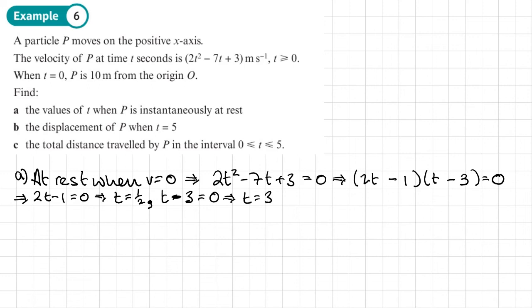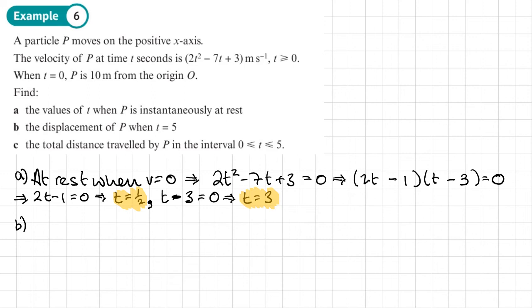So these are the two times, t is a half and t is 3 seconds, when it's at rest instantaneously. Part B says the displacement of P when t is 5.